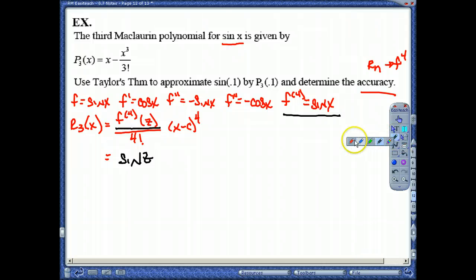Everything else is going to stay the same. I've got 4 factorial, and then since c is 0 because it's a Maclaurin, that's just going to be times x to the 4th. So that is that remainder.